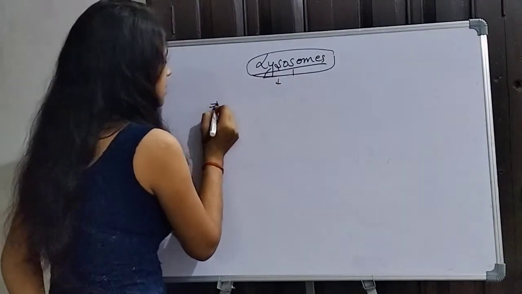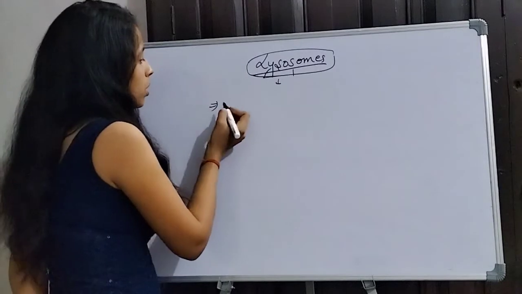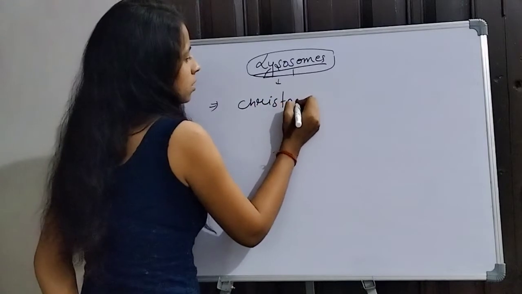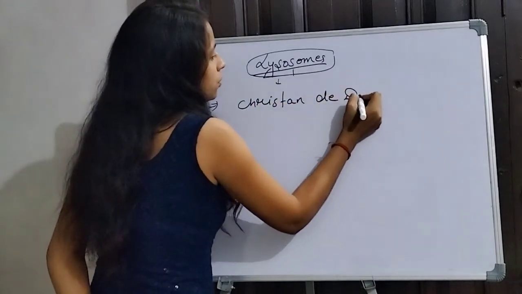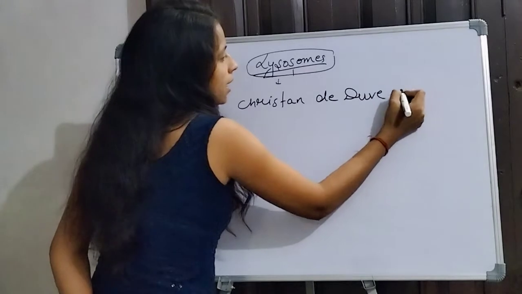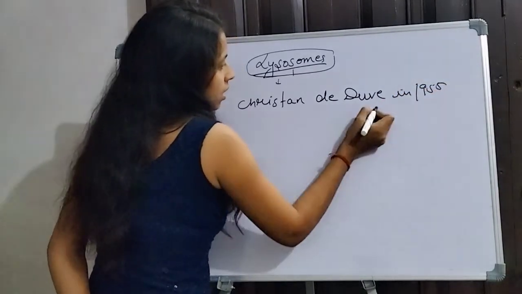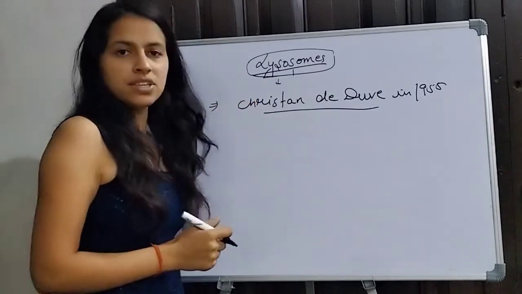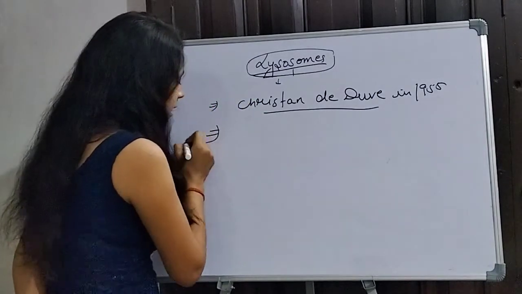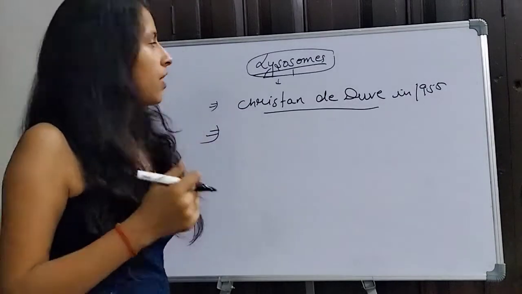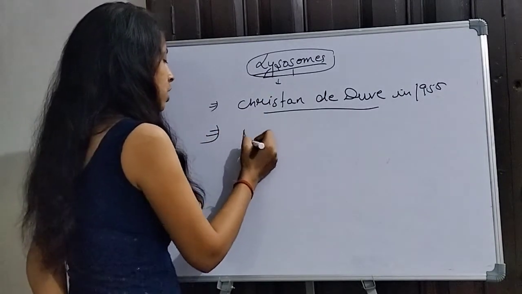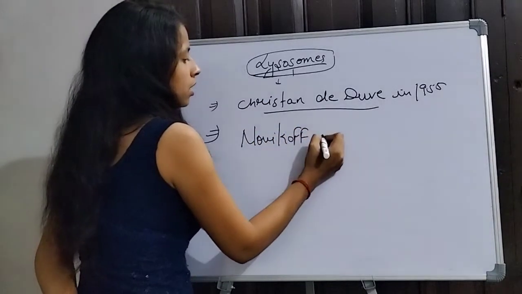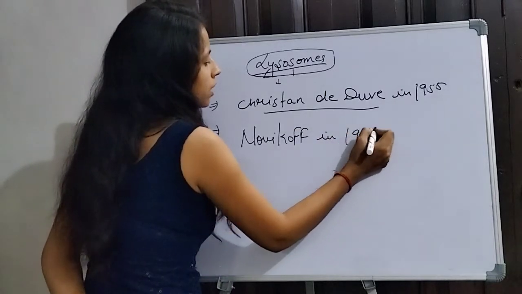Lysosome was discovered by the Belgian scientist Christian de Duve in 1955. This was the scientist who discovered lysosomes, but there is another scientist, Novikoff, who gave the term lysosome in the next year, 1956.